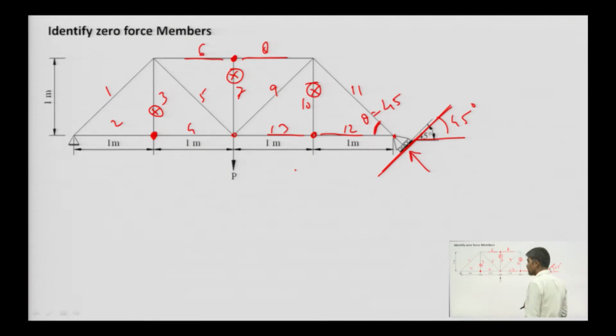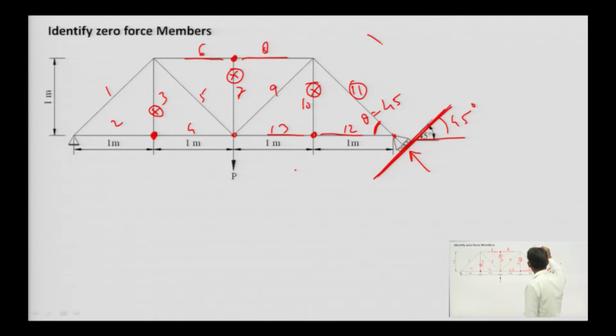If this is the case, then due to the roller support, one reaction normal to this plane is acting in the same line of action as member 11.